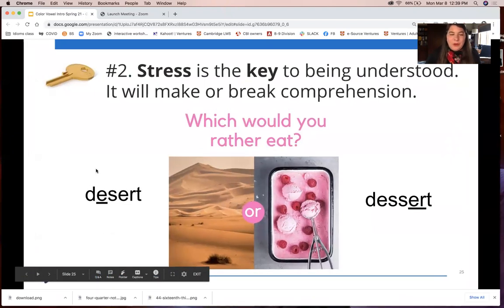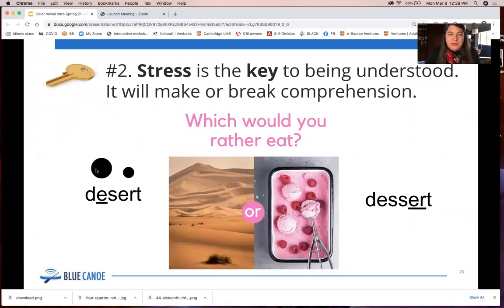So again, this first word is desert, and the ice cream is dessert. I'm using these circles to show you that one syllable is longer. Take your hand and say desert, desert. And over here, dessert, dessert. I'd like some dessert, right?